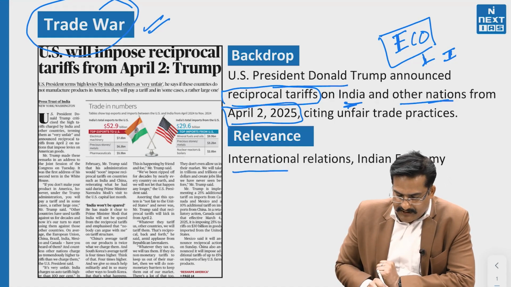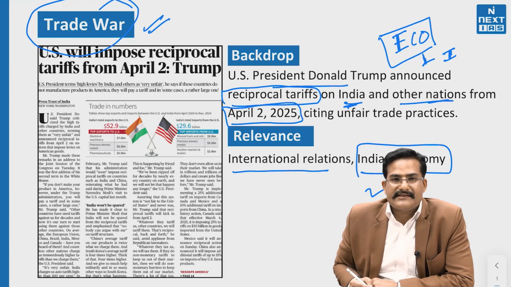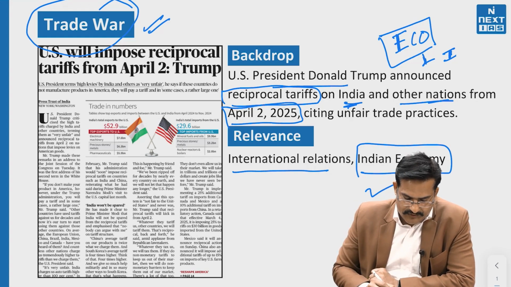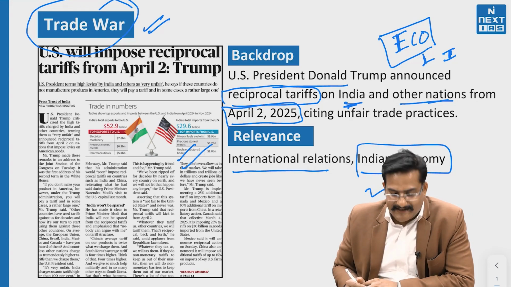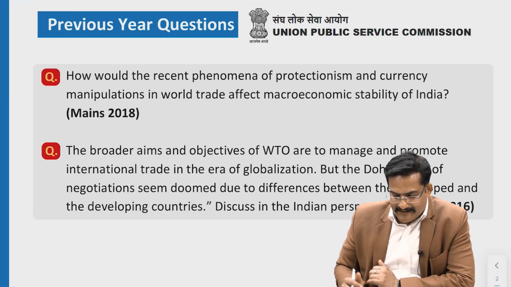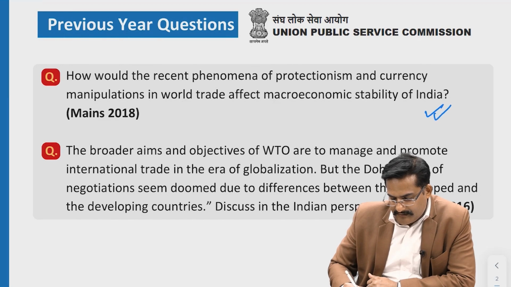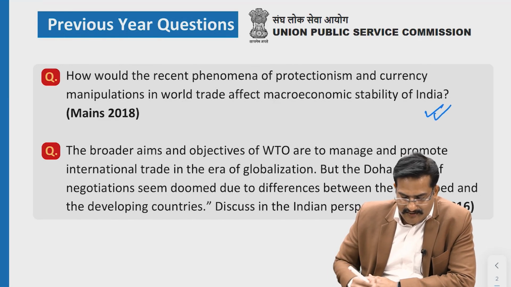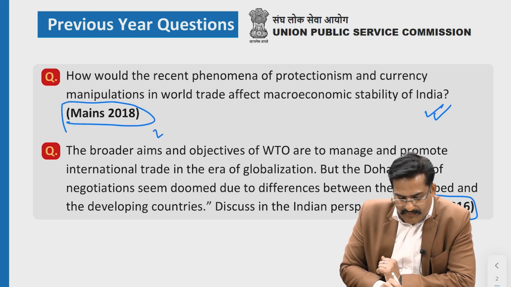So, it is related to international relations as well as the economy section of the UPSC syllabus, and the news came in both The Hindu as well as the Indian Express, right? So, basically what is the context? We will have to understand using the PYQ. It is displayed on the screen. You can see there are similar kind of questions asked in previous years, right?